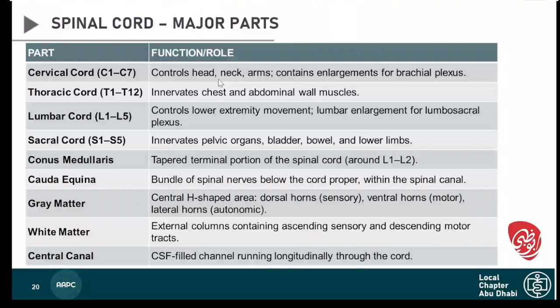Next comes the sacral cord. It innervates pelvic organs, bladder, bowel, and lower limbs. Then we have already discussed the conus medullaris. It's a tapered terminal portion of the spinal cord. Then the cauda equina is considered a horse's tail. It is also known as the horse's tail because it is a collection of lumbar, sacral, and coccygeal nerves. And then the gray matter, white matter, and central canal.